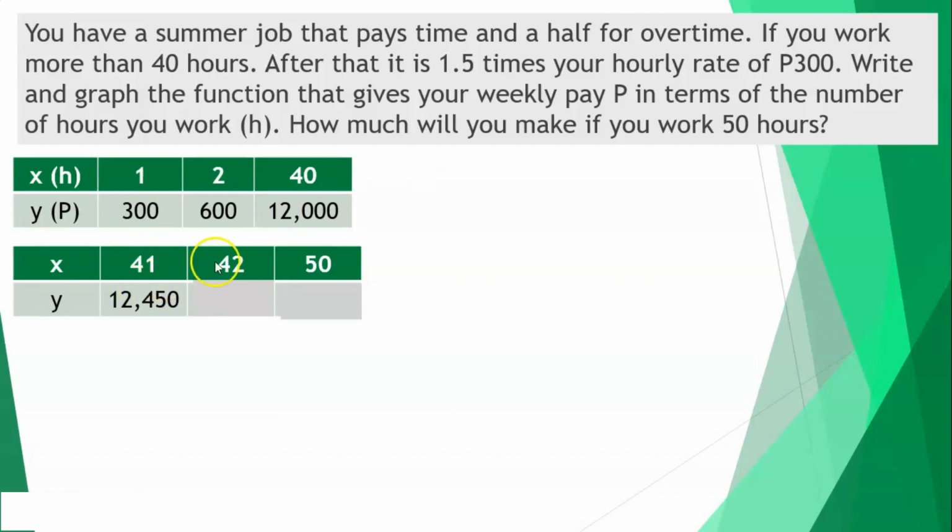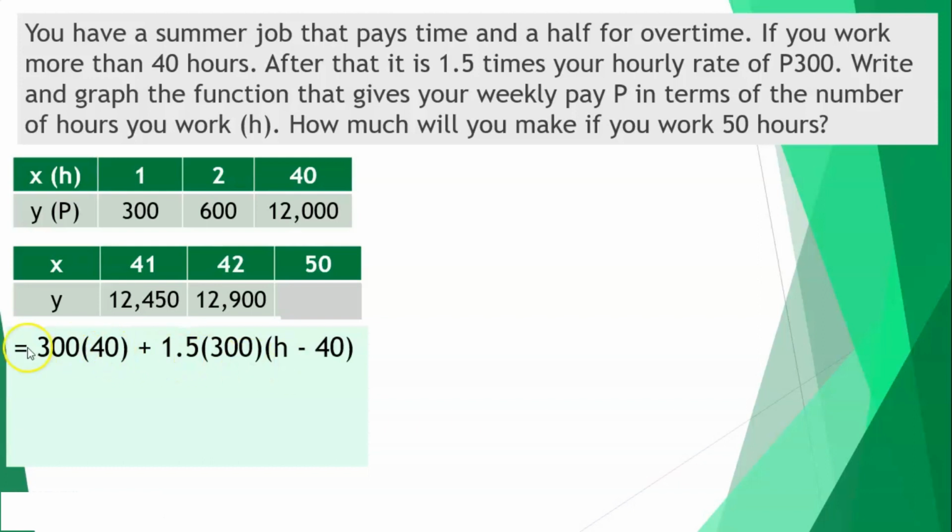So if you work for 42 hours, that would be 450 times 2, which makes it 12,900 pesos. Take note, how was this done? Again, 300 for the first 40 hours. Then for the hours after 40, your rate is already 1.5 times.